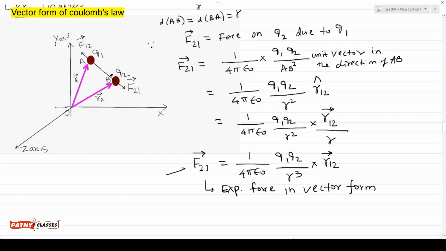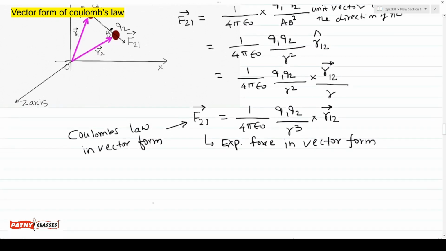This is nothing but Coulomb's law in vector form. Similarly, vector F12 equals 1 upon 4 pi epsilon naught Q1 Q2 upon R cube multiplied by vector R21.